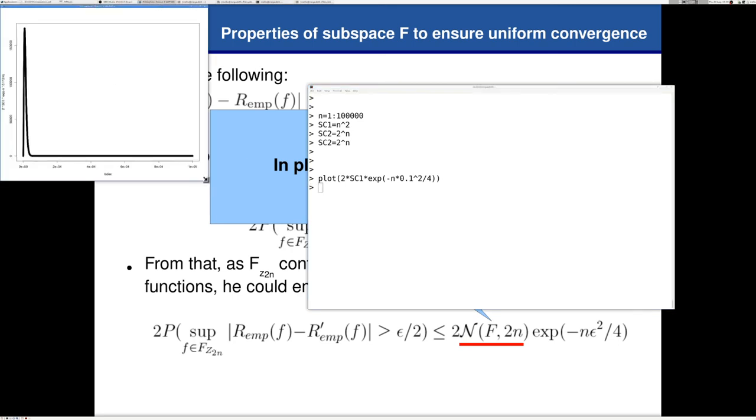It converges. You know what this number over here means? It's the ideal training sample size, the ideal number of instances I need to provide to learn a concept whose shattering coefficient has this behavior.